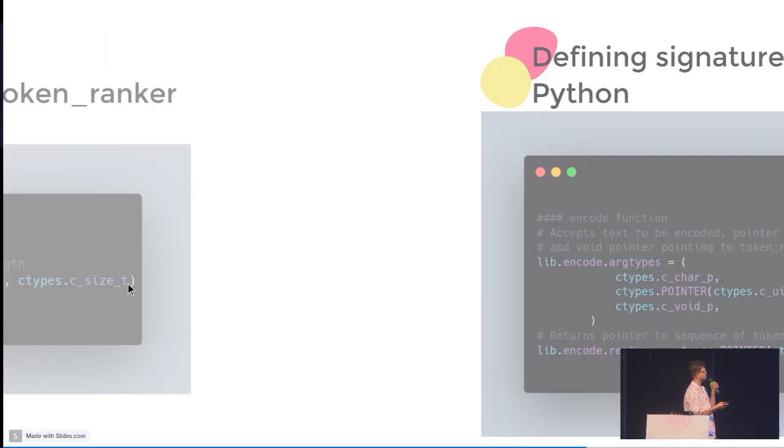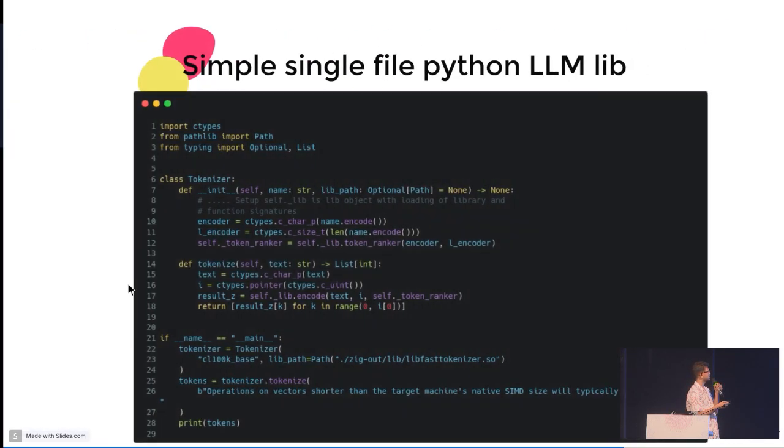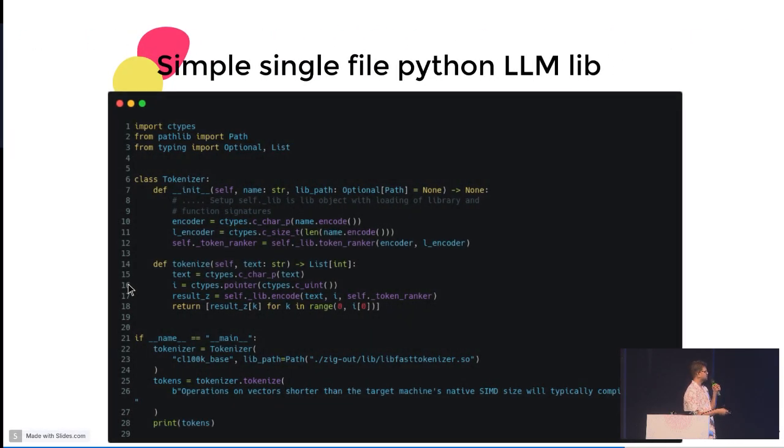So this is for the encode function and this is for the token ranker function. This is a simple single file which doesn't contain any tokenizer logic because it's already present in Zig. This is just glue code, right?